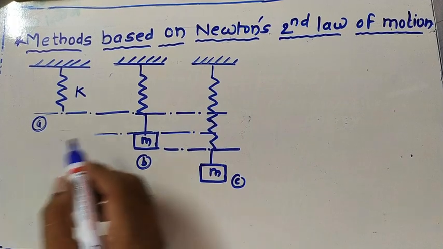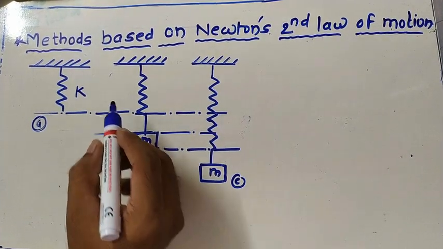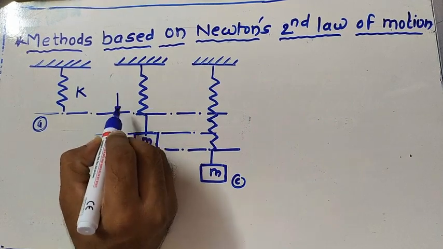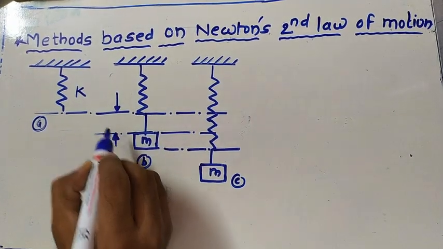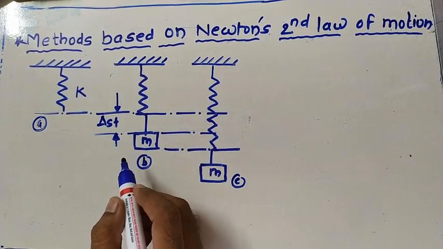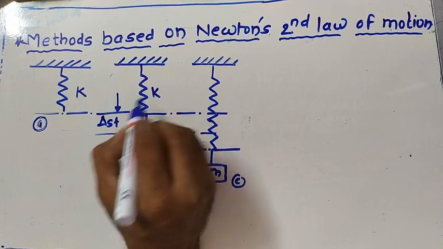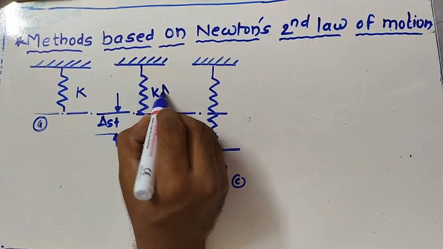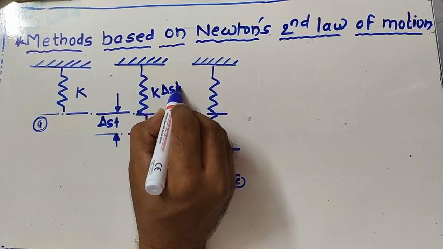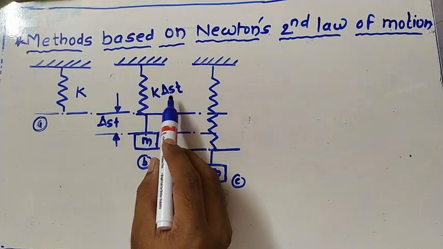If I attach some mass at the end of this spring, then the static deflection of that spring takes place by this distance, delta st. So the spring force comes here as k into delta st.